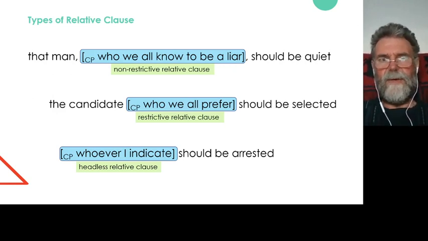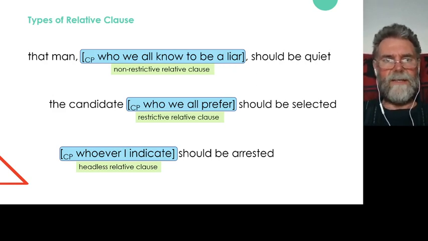For example, between the restrictive and the non-restrictive relative clause, there's a semantic difference to do with what the relative clause actually does to the meaning of the element that it modifies. Relative clauses always modify noun phrases or determiner phrases.